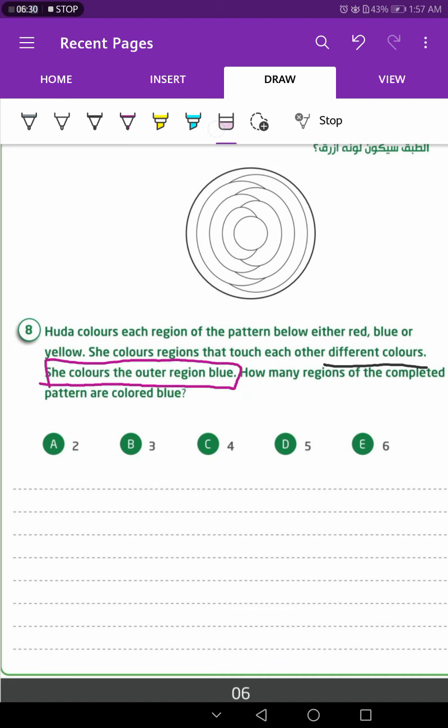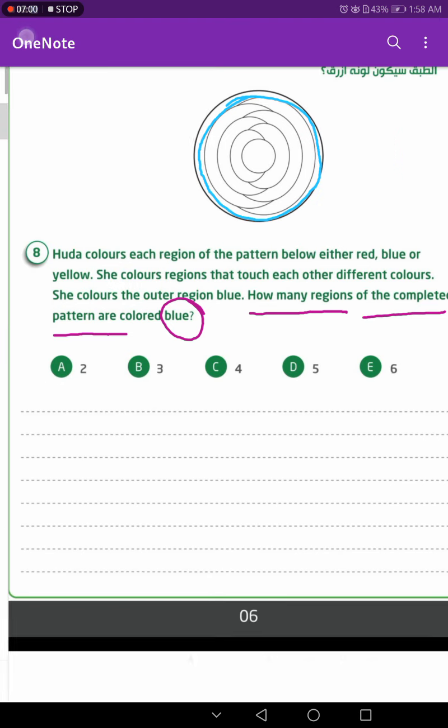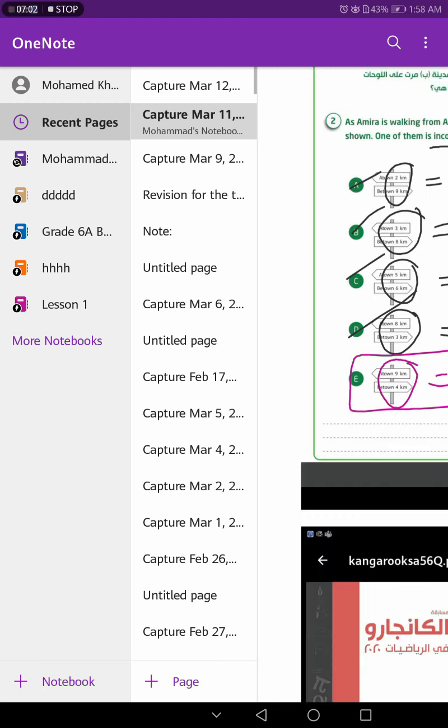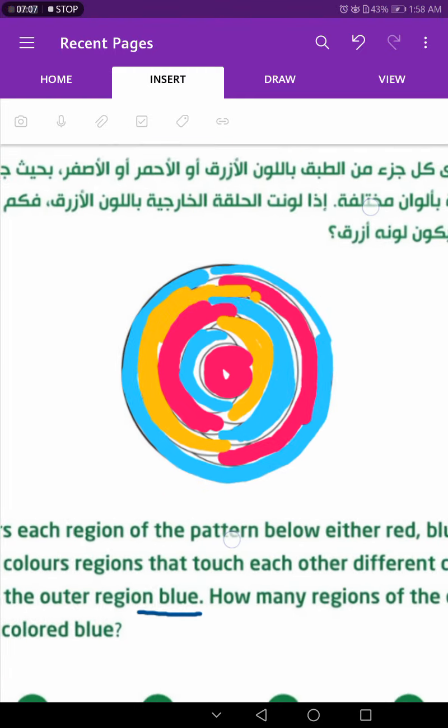Now the question is how many regions of the completed pattern are colored blue. So if I start with blue and color the outer region, and then I complete with yellow, a different color, then another different color, what will I get? This is the question. I already colored the pattern as you see here.